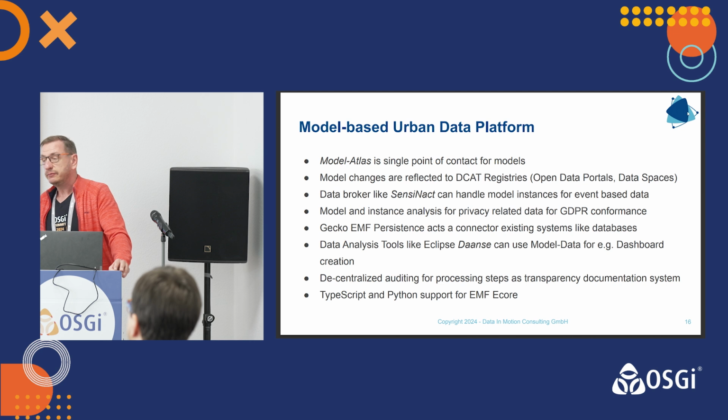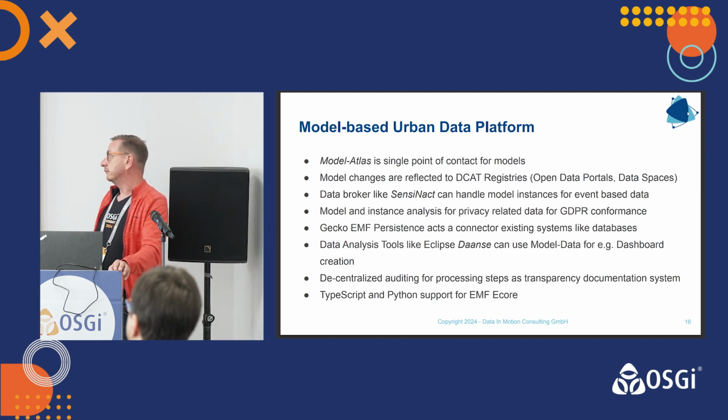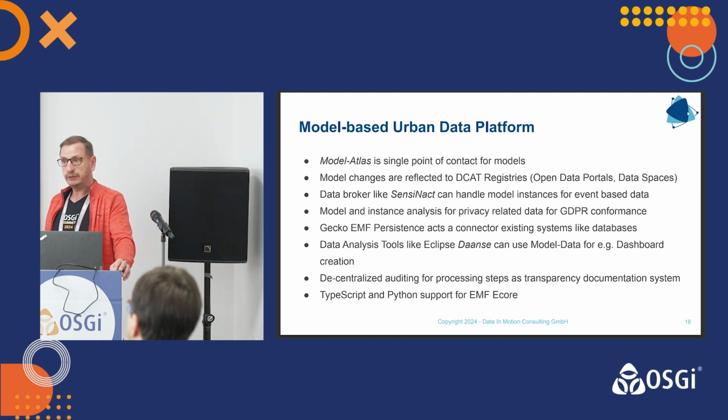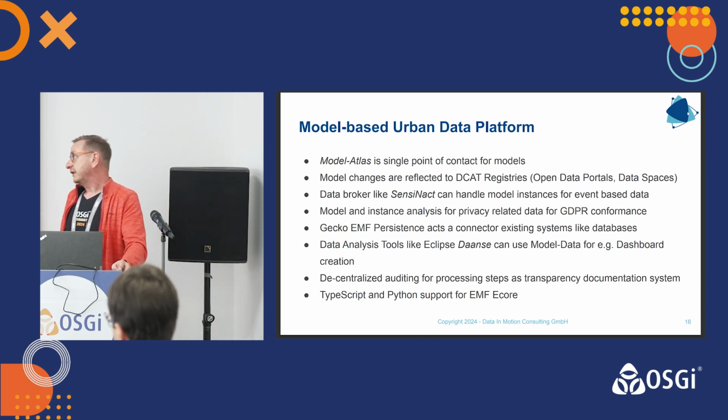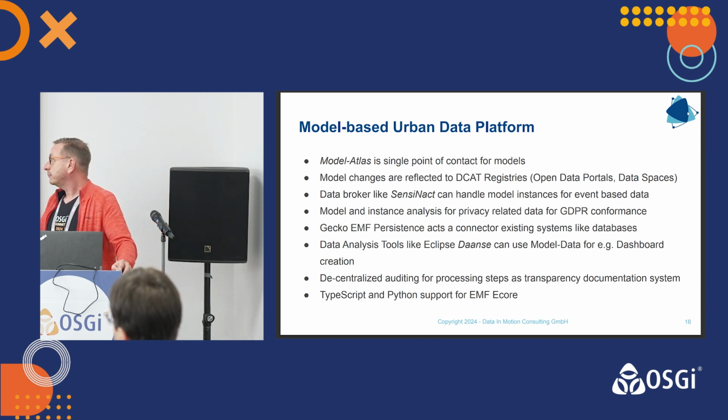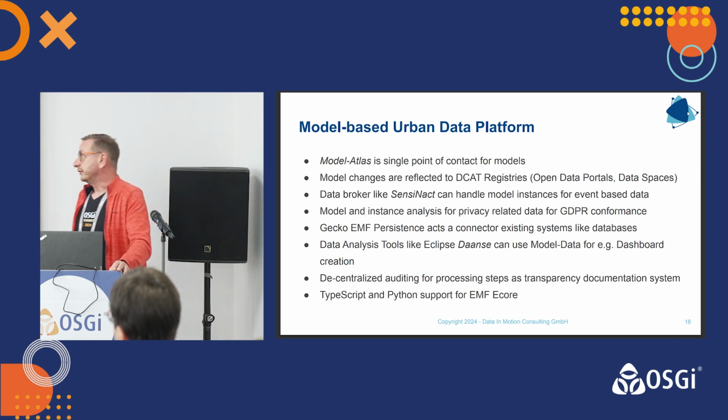Model changes can be reflected in so-called DCAT registries, which is a necessity for publishing open data information in the European Union. And the same applies to publishing information into data space registries. We talk about Gaia-X or International Data Spaces systems. They also talk with the DCAT models.